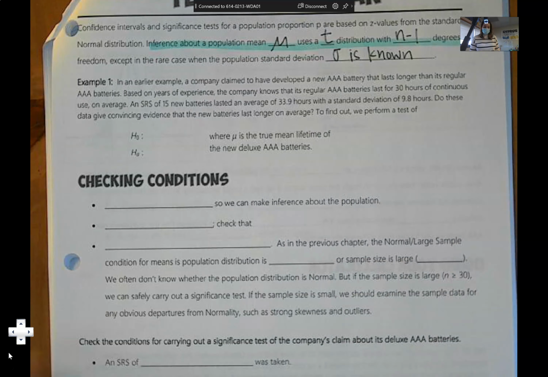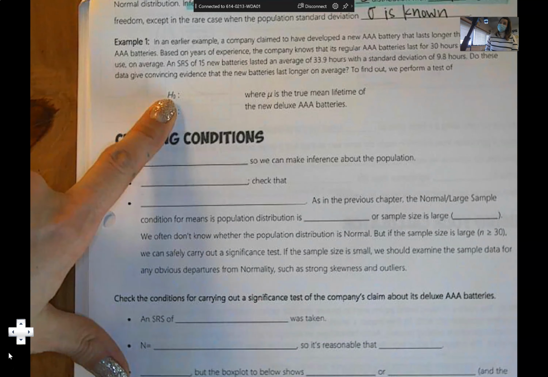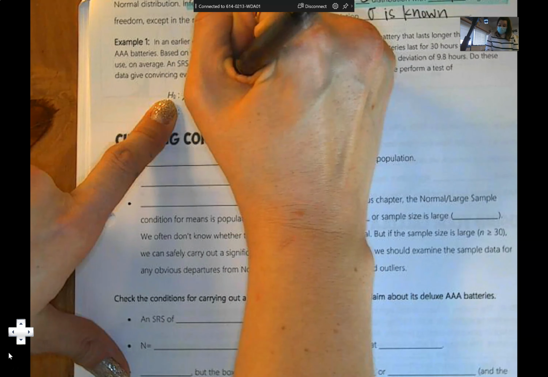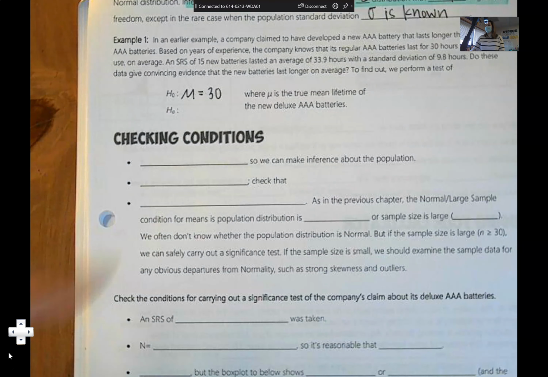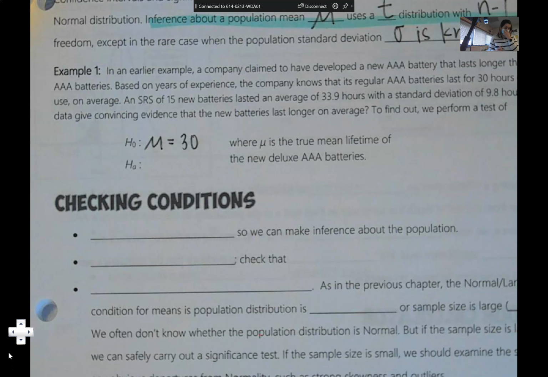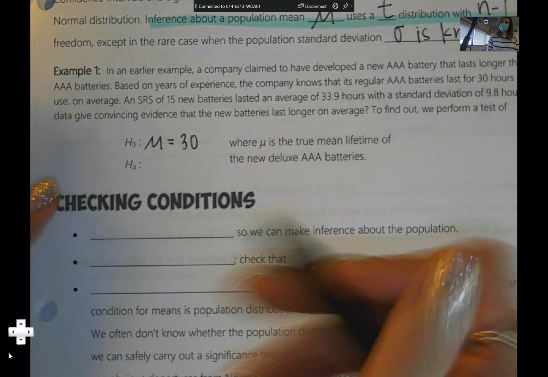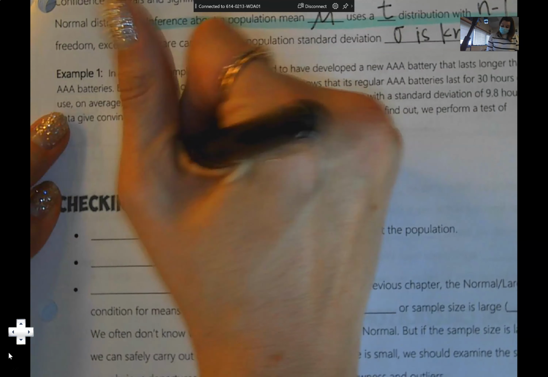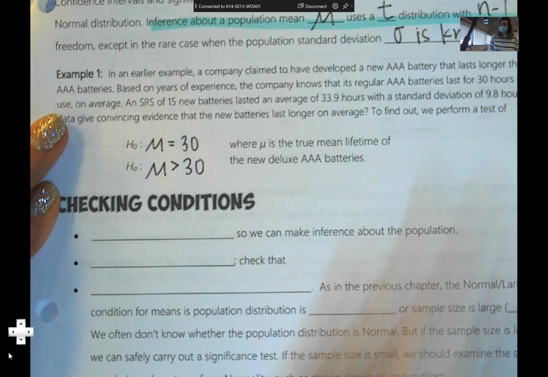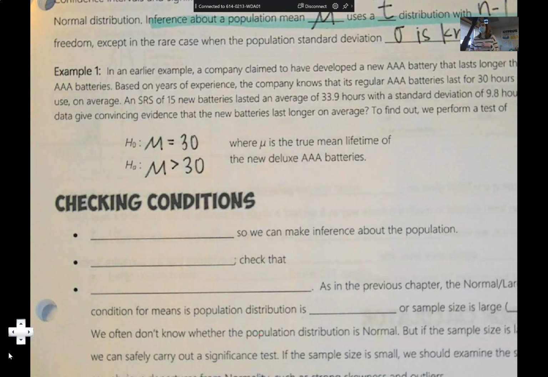So to find out, we're going to perform a test of H0, which is that the batteries last for at least as long as we're used to, so 30 hours. The alternative that we are checking is that mu is really greater than 30 hours.